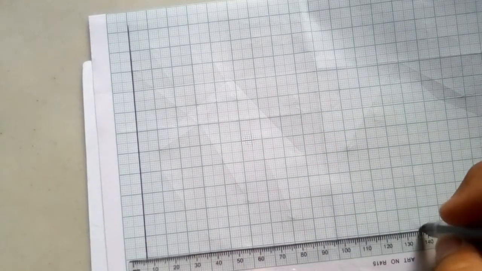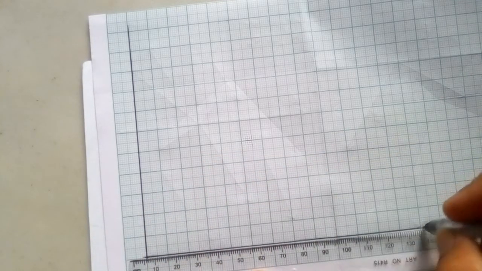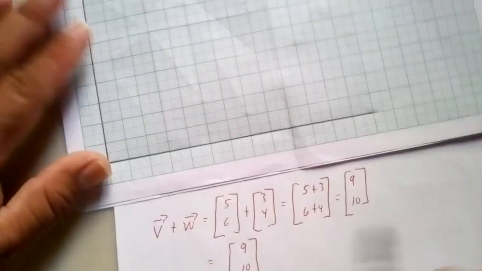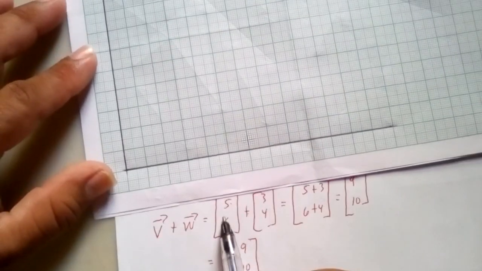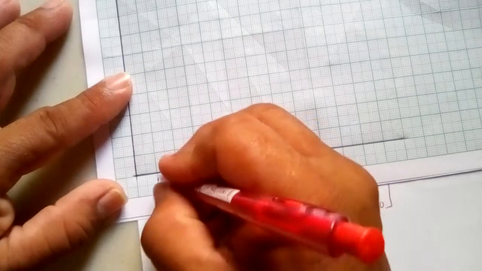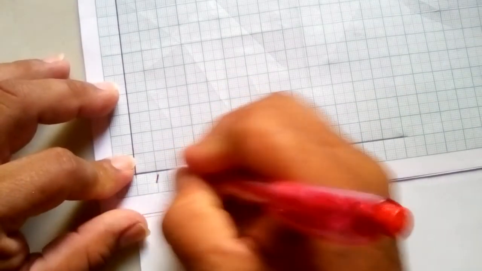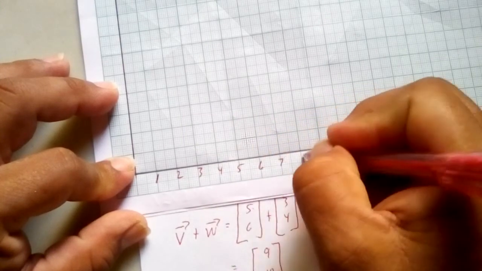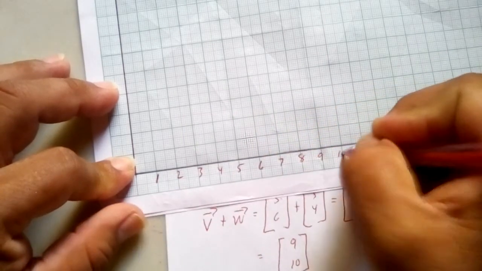Now here is where the concept of adding vectors also comes in, and we'll be using it in much more detail. So our first vector was what? 5 and 6. For our purpose, we're going to start from the origin. Let me put here 1, in red. That's 1, 2, 3, 4, 5, 6, 7, 8, 9, 10.